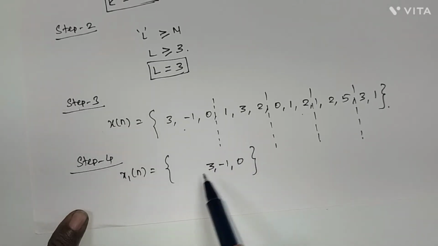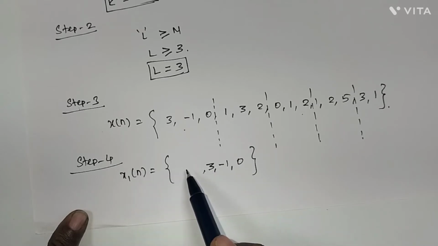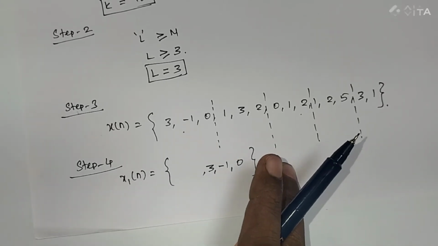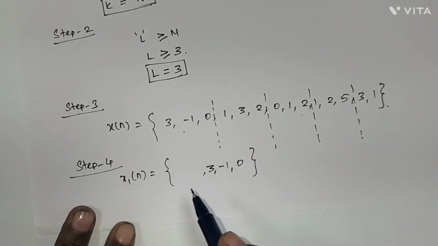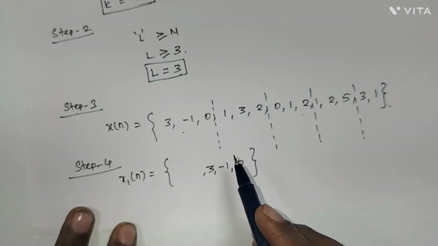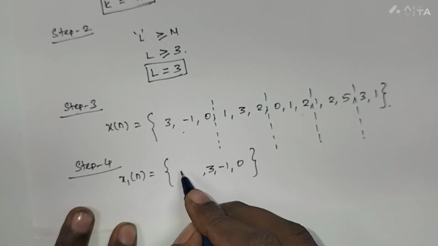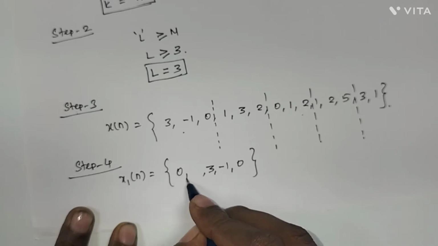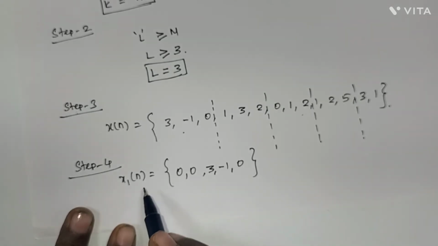And then the previous term should contain M minus 1 previous terms. M minus 1 is 3 minus 1, 2. So the previous past terms are 0 and 0. So this is the first term to write the input sequence.